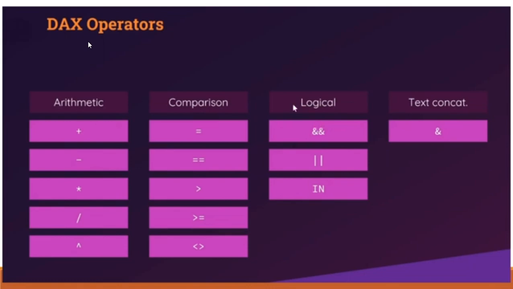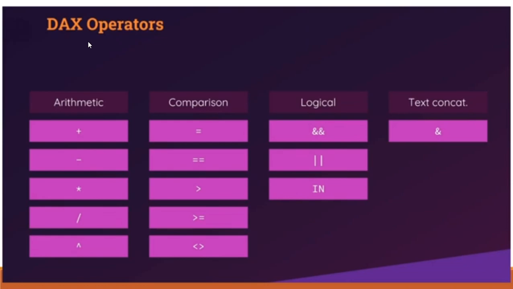Now coming to the double pipe operator. So the double pipe operator is the OR keyword. So either the first condition should be satisfied or the second condition should be satisfied. So it is if country is India or the year is 2020, then you will see the result. This is the difference between double ampersand and the double pipe operator.